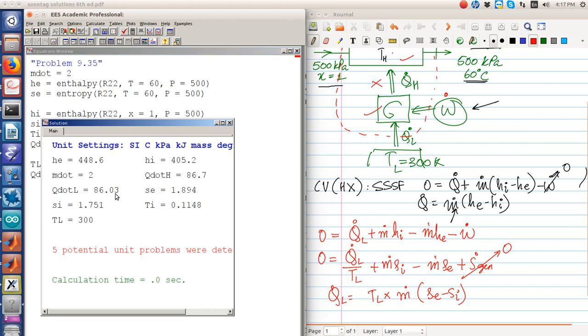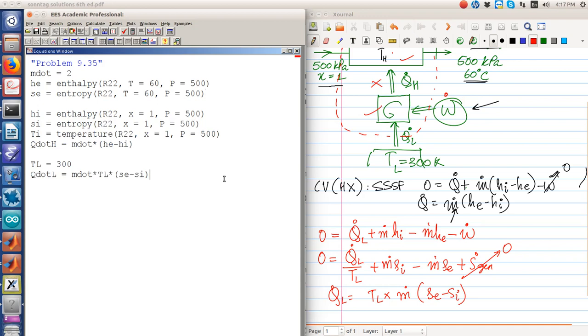So heat is absorbed by the system. Correspondingly, all that is remaining to do is find out the work done. From this particular equation, the power input is equal to Q dot L plus M dot multiplied by (HI minus HE).